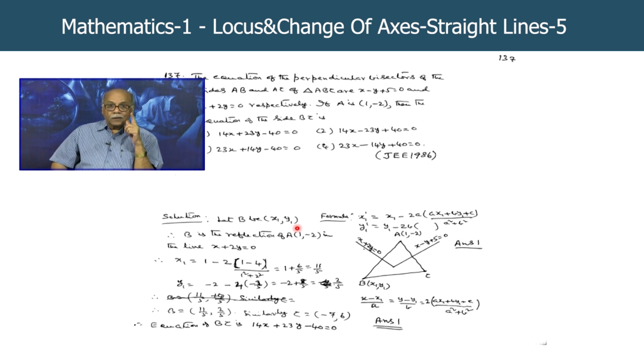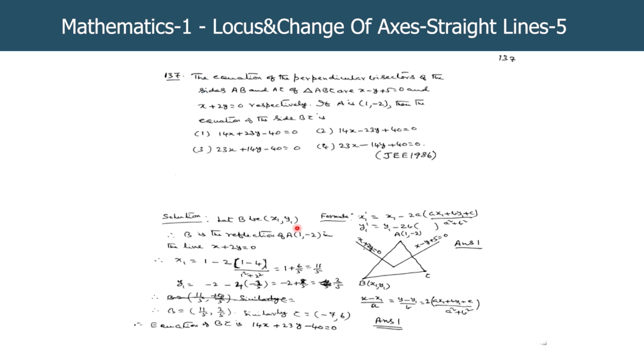In both the formulas, (Ax1 plus By1 plus C) by (A square plus B square) is common. So if you use the image formula, x1 is equal to 1 plus 6 by 5, which is 11 by 5, and y1 is equal to minus 2 plus 8 by 5, which is 2 by 5.